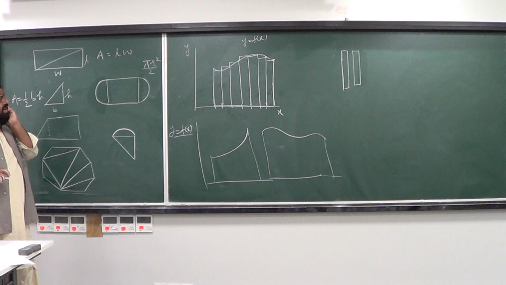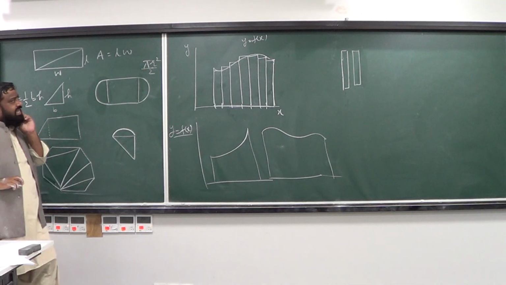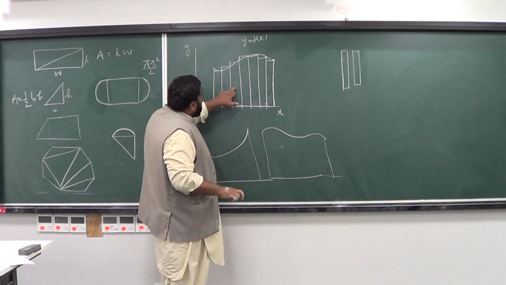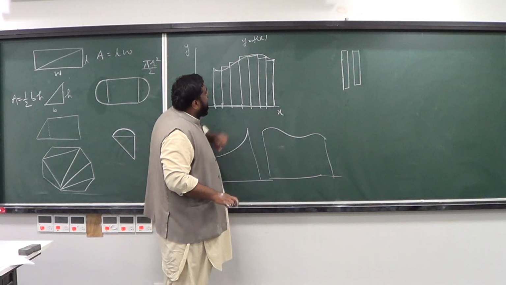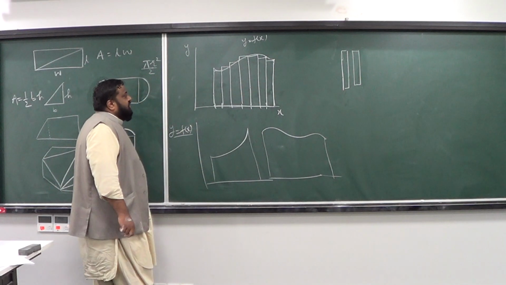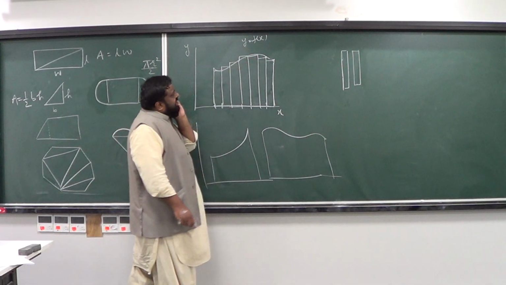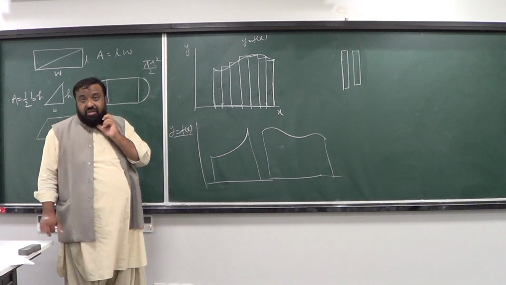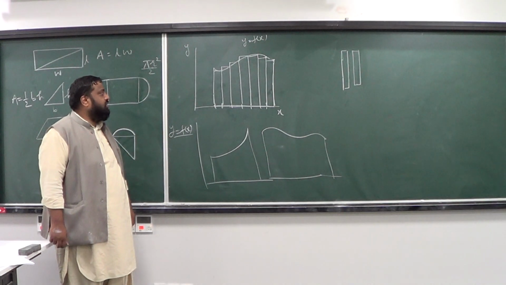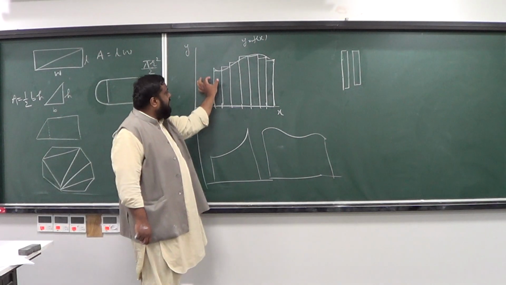Okay. Now you can say that the areas of these rectangles are giving you a pretty nice approximation of this entire area. But there is some trouble with putting these rectangles here.